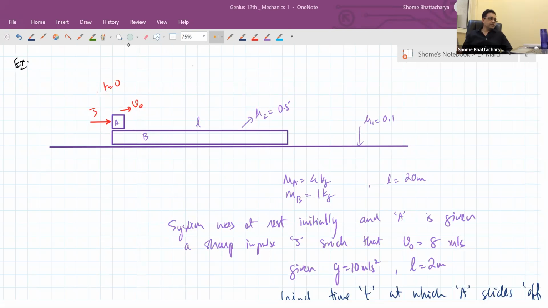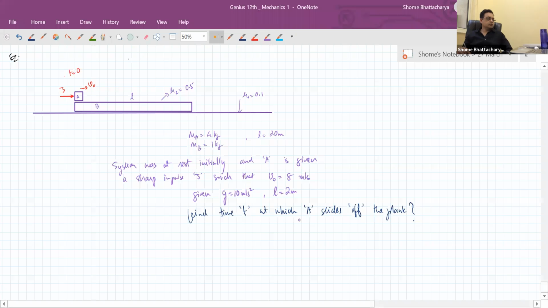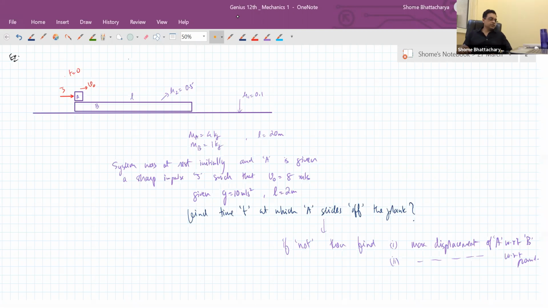So if that's not happening, then we have to find the maximum displacement of A with respect to the plank B, and then again the maximum displacement of A with respect to the ground. So let's understand this question in detail.